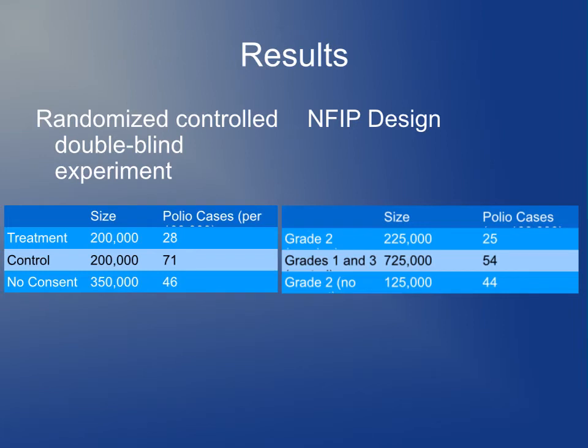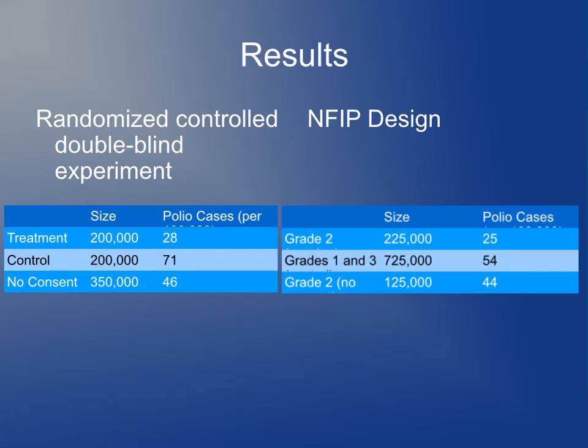Under the NFIP design, we still got the correct result that there is lower polio among those who receive the treatment, but there's still the same type of bias: those in second grade with no consent get 44 cases of polio per 100,000, and in grades 1 and 3 there's 54 per 100,000, so there was significant bias against the vaccine generated as a result of the suboptimal NFIP design.